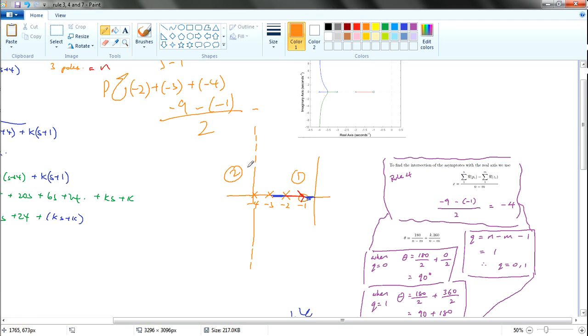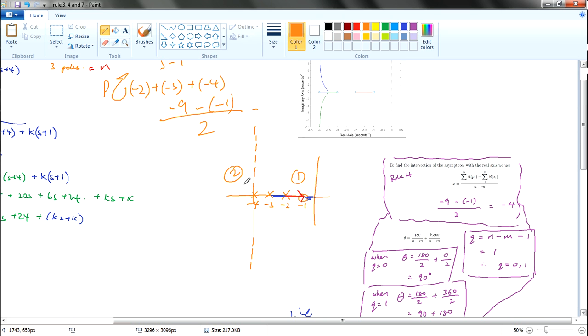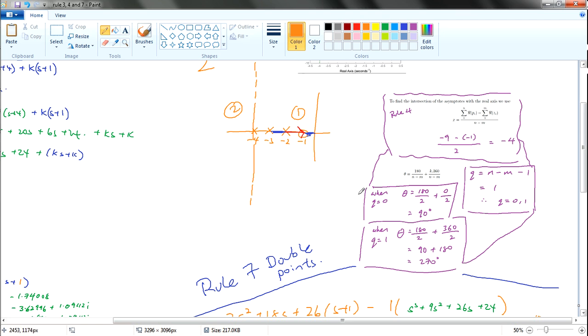From here you can see that this is an asymptote. This is the intersection point with the real axis only. I also need to know the angles of the other asymptotes. In this case, we use this key equation, n minus m minus 1.